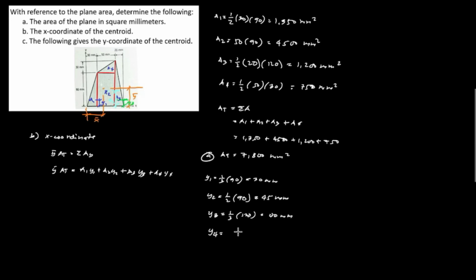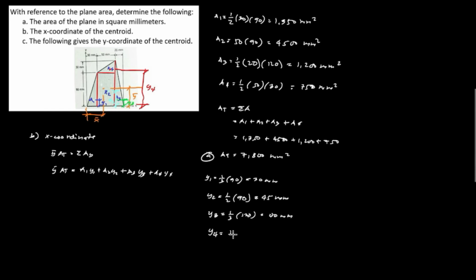And y sub 4, which is the upper triangle, and this is the centroid of the triangle, and we will designate this as y sub 4. For y sub 4, we will have the centroid and the base, which is 1/3 of the height of the triangle, plus from this point up to the x-axis is 90 millimeter.